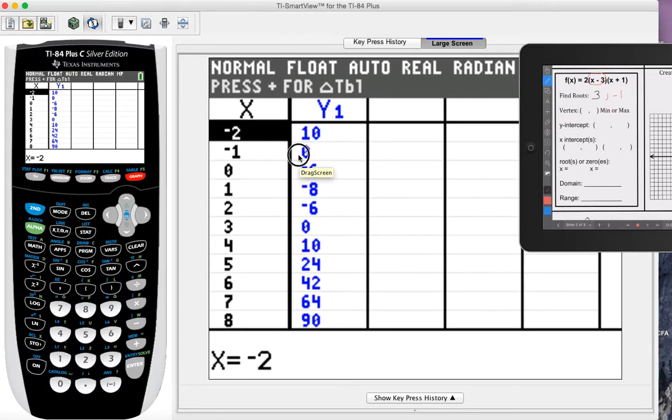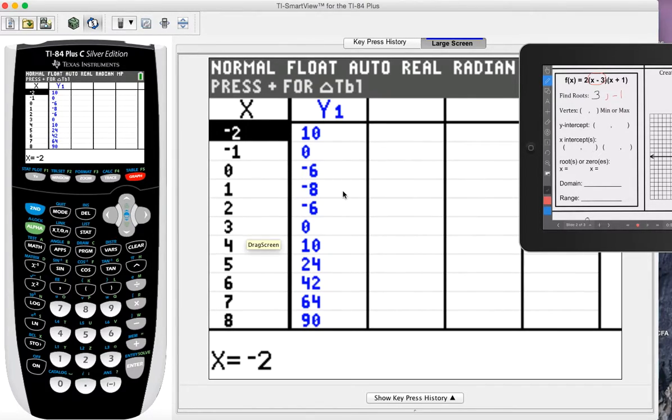So -1 has a y of 0, so that is my x-intercept. Another x-intercept is 3 because the y is 0. So my two x-intercepts or roots are -1 and 3. Now I can tell that the y-intercept is 0, -6. So a y-intercept is a y value having an x equals 0. So this is my y-intercept.